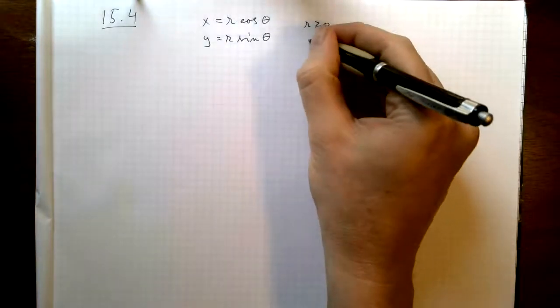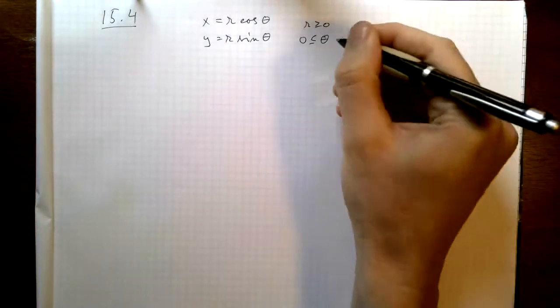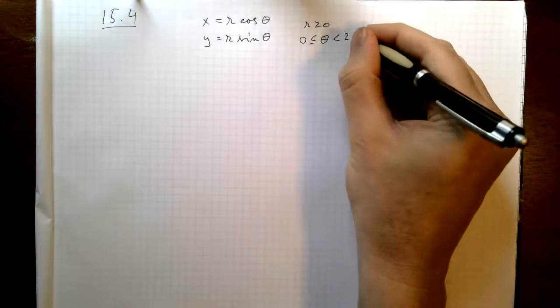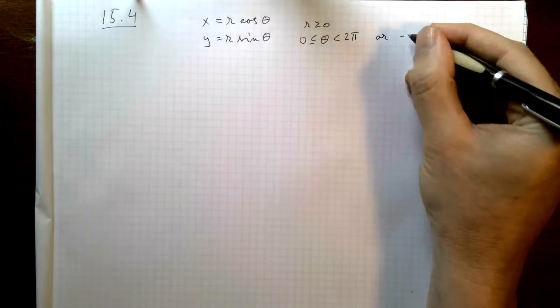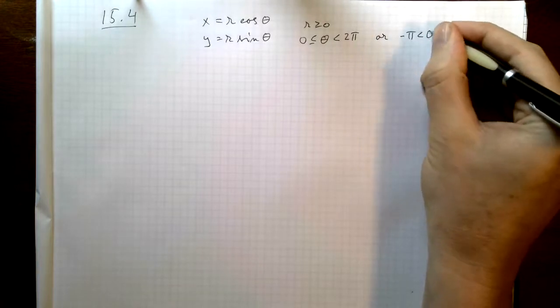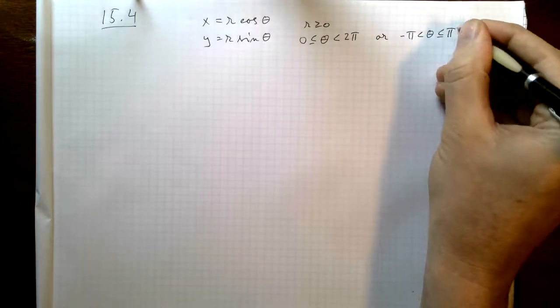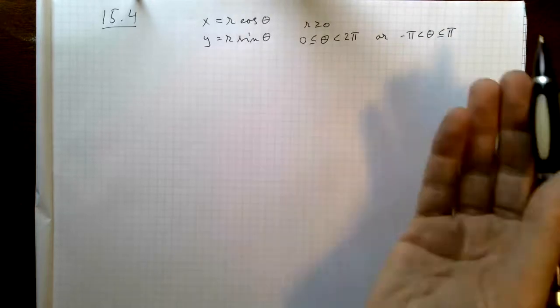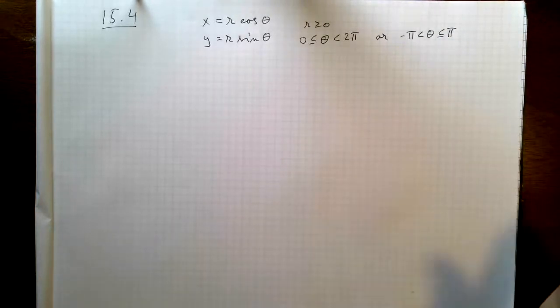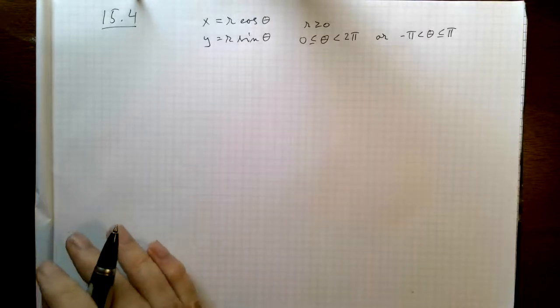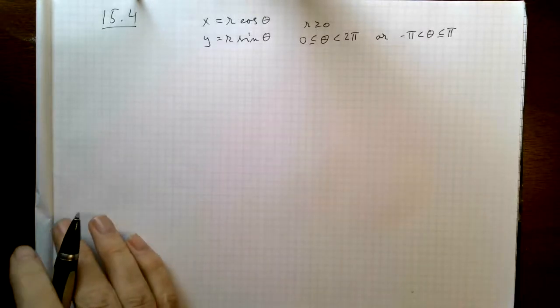For example, we could do 0 to 2 pi, or another common one is minus pi to pi, but really any interval of length 2 pi will do here. Those are the standard ones that people take.